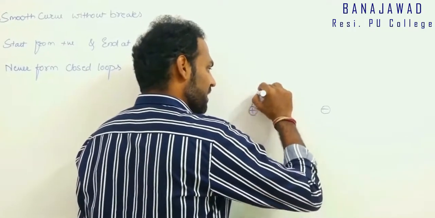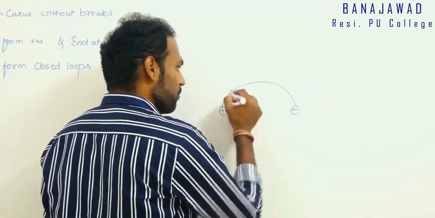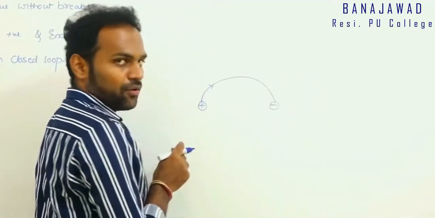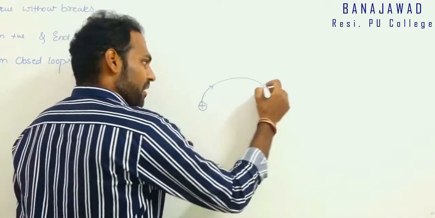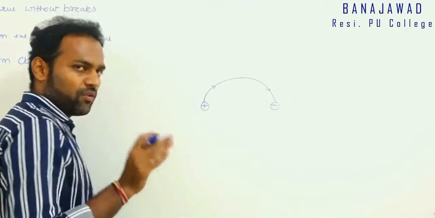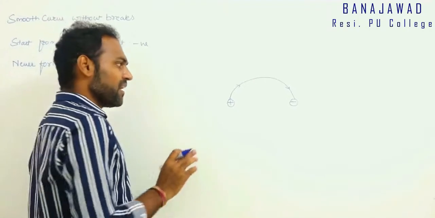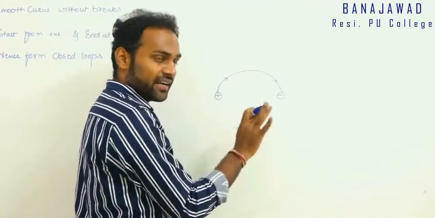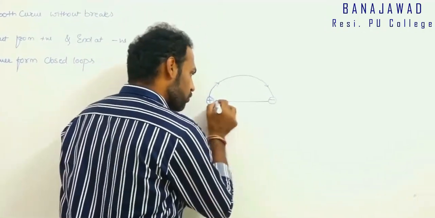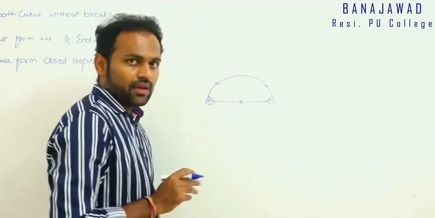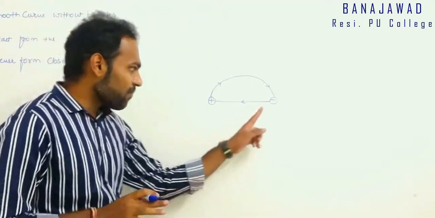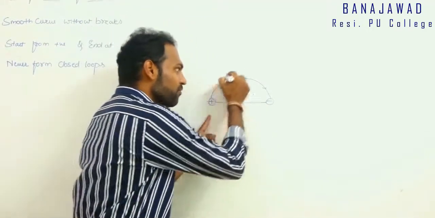If an electric field line starts from positive and ends at negative, then it is correct. But we know that electric field lines start at positive and end at negative. They will not return back to positive from negative. If they return back from negative to positive, then it will form a closed loop.